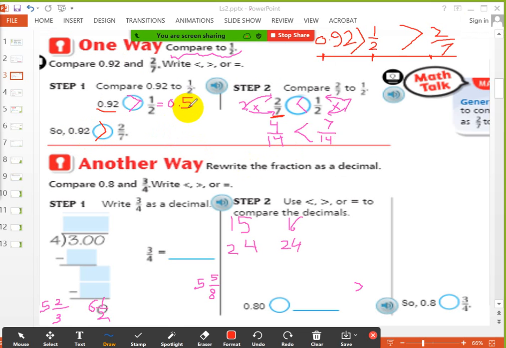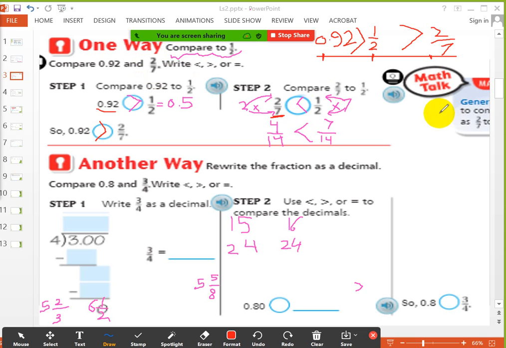Now, I want to compare between 0.92 and 2 over 7. This is a decimal number, and this is a fraction. So what do I have to do here to compare? I can't write this number as a decimal, because if you try to divide 2 over 7, it will give you a long number and the division will not end.